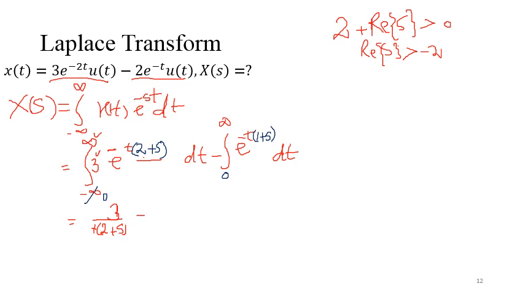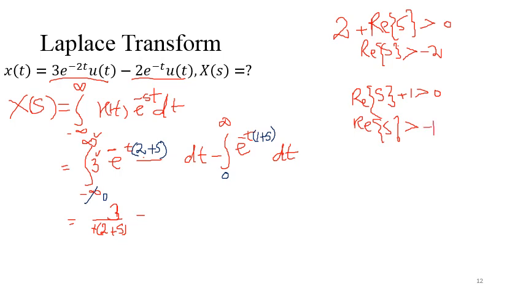So again, for this part, it is a must that real of s plus 1 should be greater than 0, right? So that means real of s should be greater than minus 1.